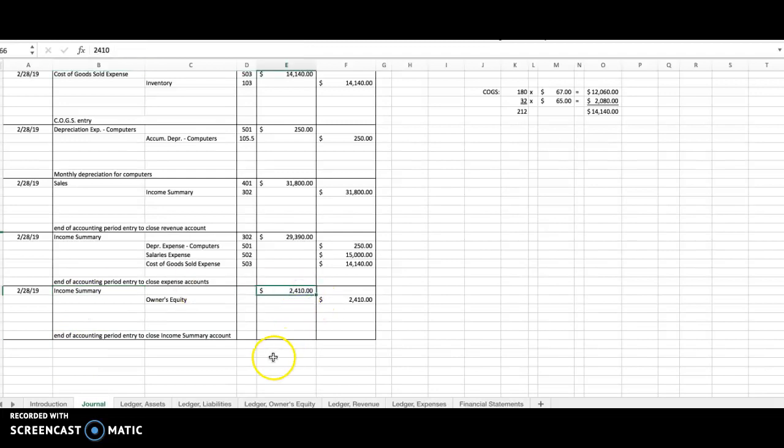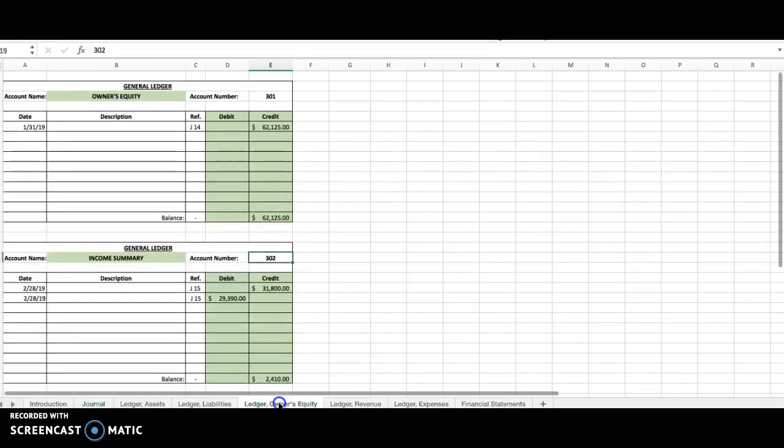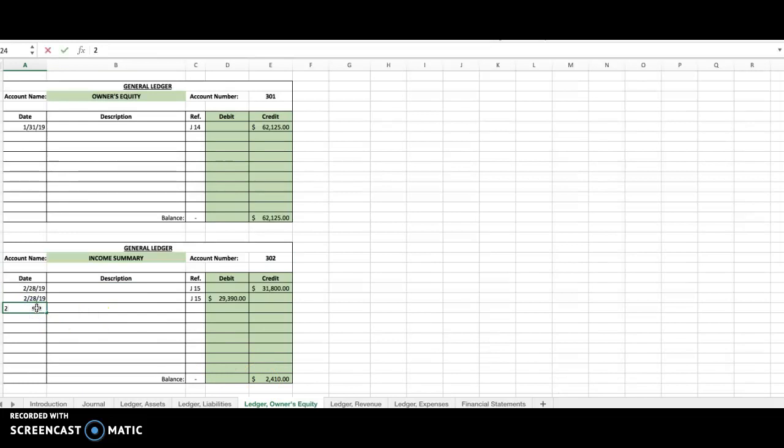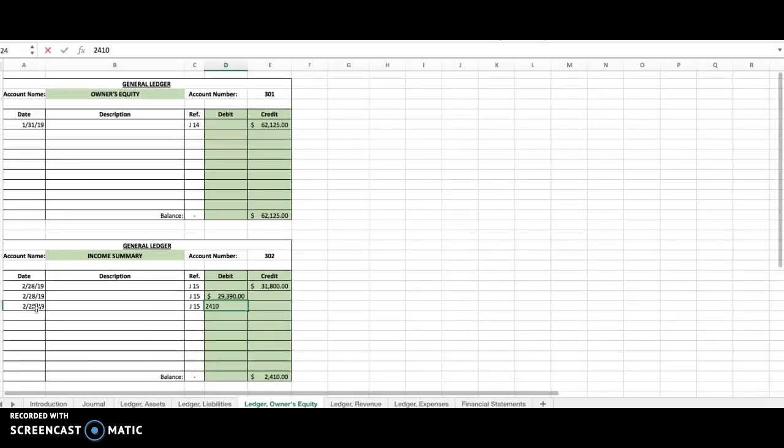Where do I get the $24.10? It comes from the income summary account. So to close it, I need the date and J15. I need a debit of $24.10.